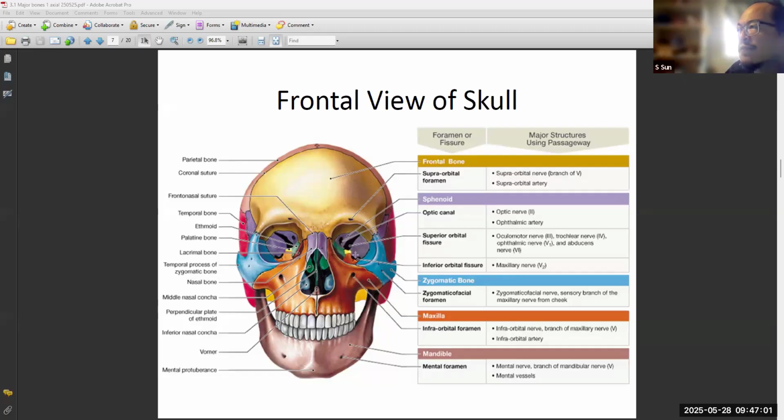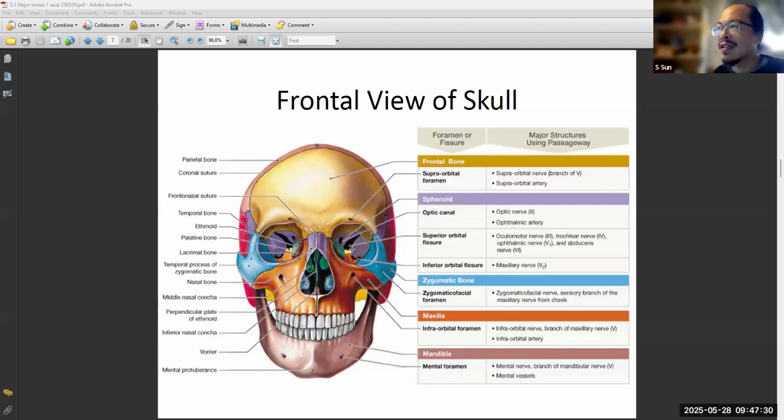You have two fissures. One is the superior orbital fissure. The other one is the inferior orbital fissure. These are not for vision. Then what are they for? This one is for eyeball movement. So you have a nerve sitting out here. This one is coming in, like a sensory signal coming in.